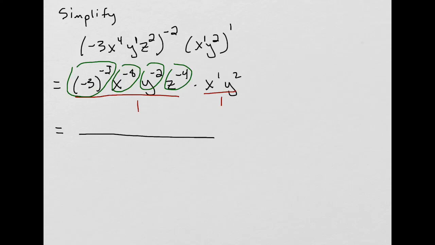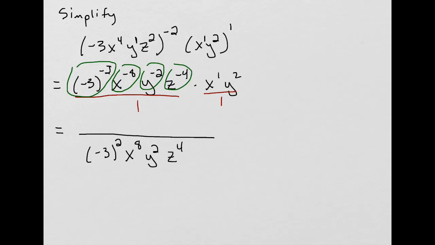So when I do the reciprocal of all of the guys I just circled, I just end up with all of those guys going to the bottom. So negative 3 to the power of positive 2 is on the bottom now. X to the power of positive 8 is on the bottom. Y to the power of positive 2 and z to the power of positive 4 are all on the bottom because I had to take the reciprocals.